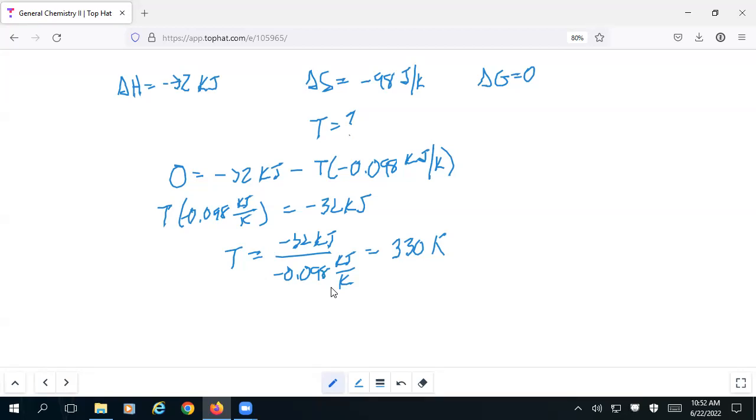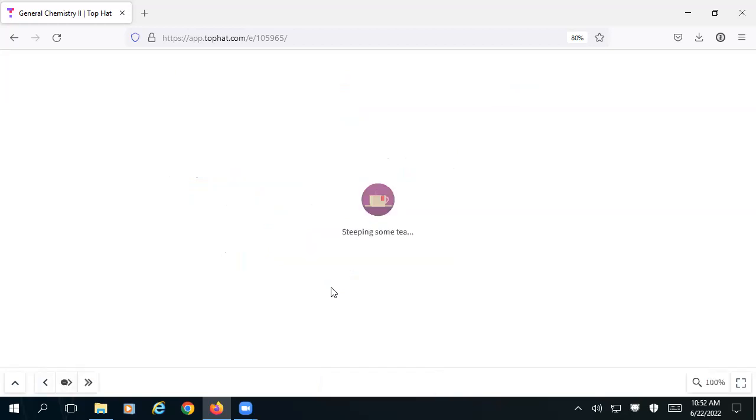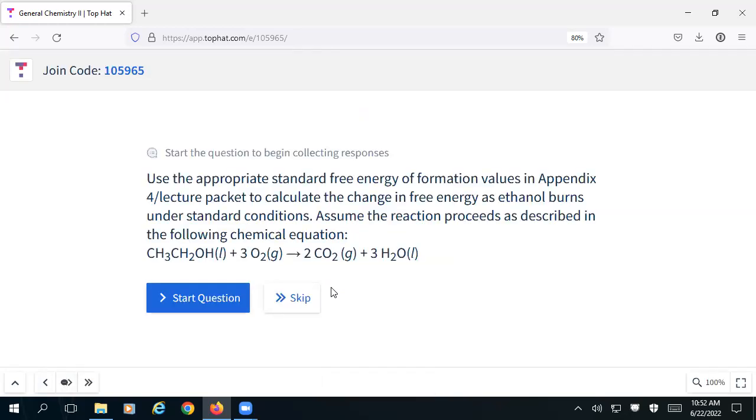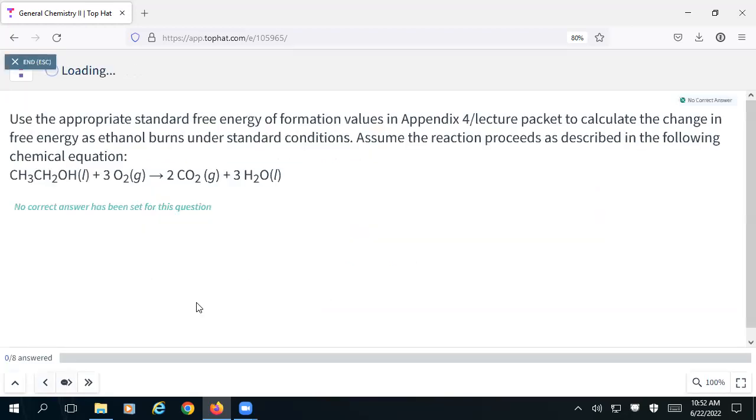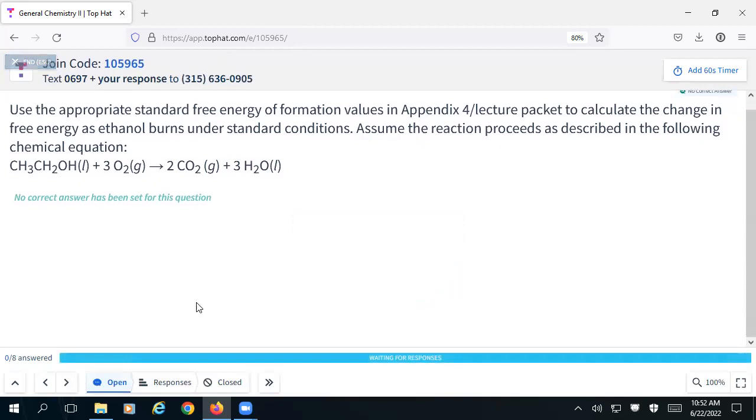All right, any questions with this example? All right, let's go ahead and try another. Now for this, you're going to need some sort of reference.